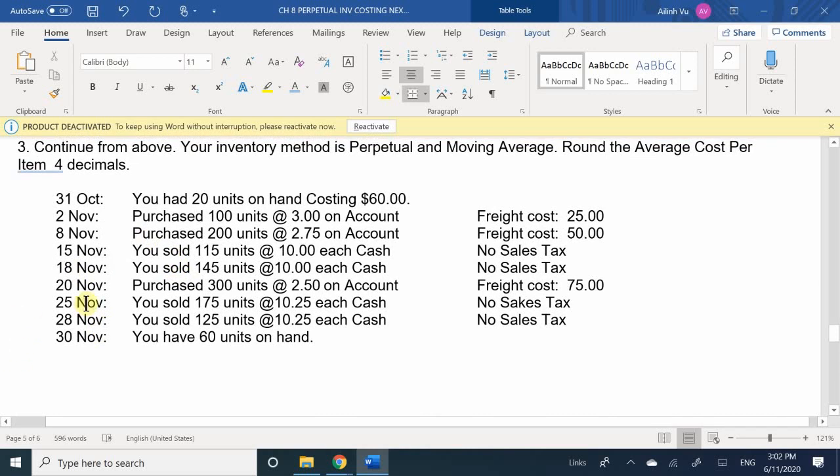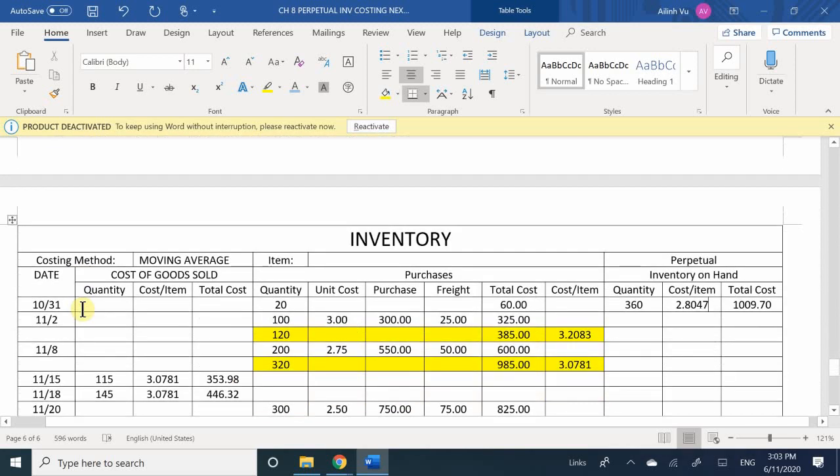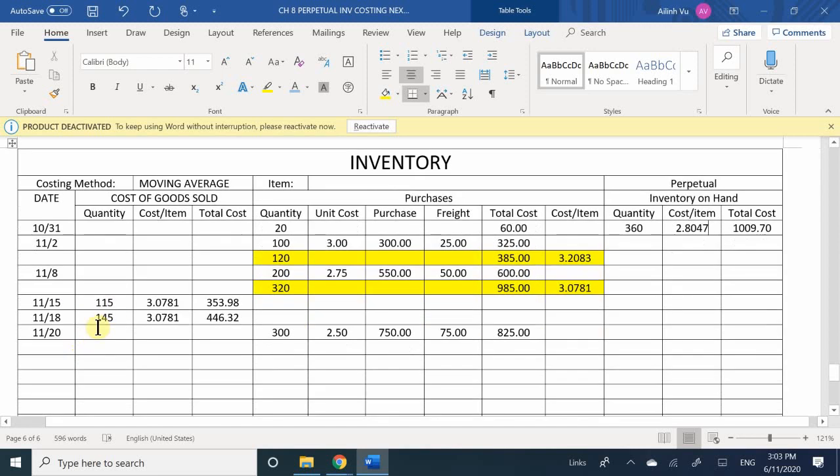So now, how many items did we sell on the 25th? 175. See, right here, that 20-cent difference is going to gain us $20 profit.